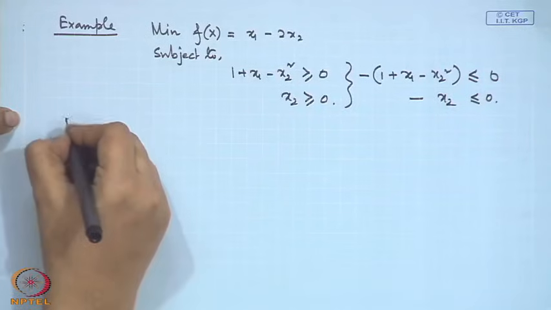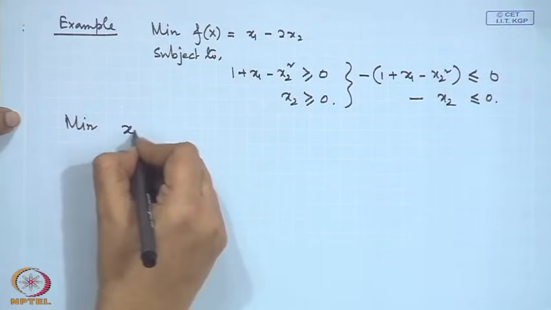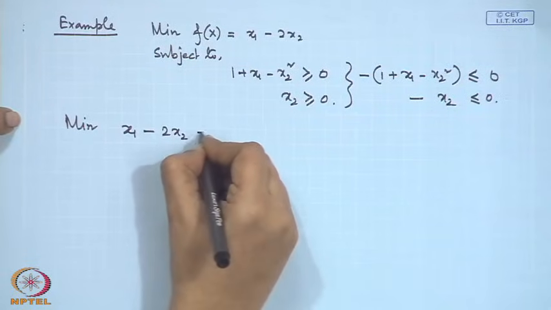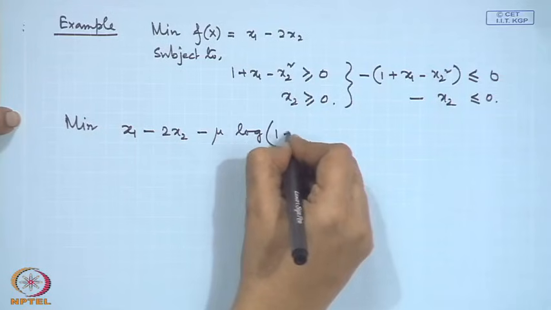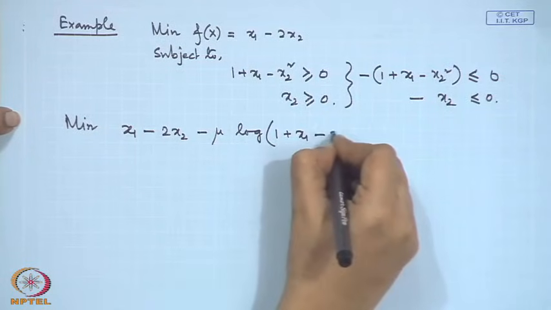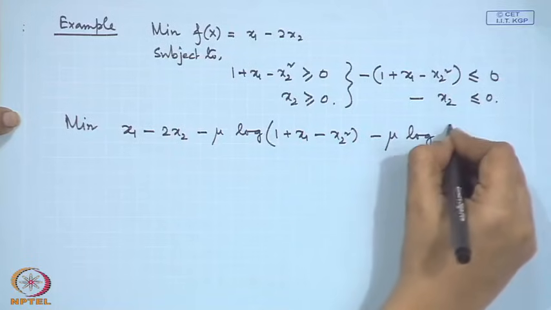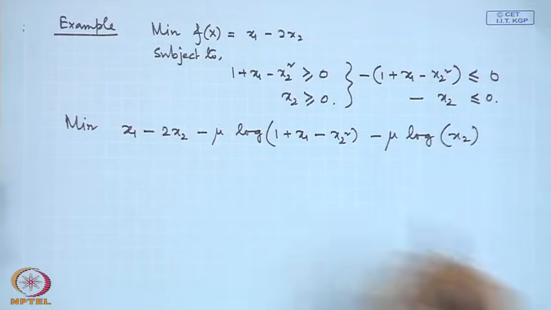The unconstrained problem could be minimization of x1 minus 2 x2 minus mu log of minus g1(x) minus mu log of minus g2(x). This is the unconstrained problem.